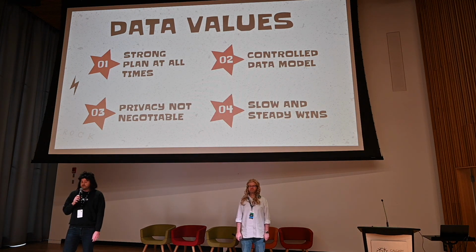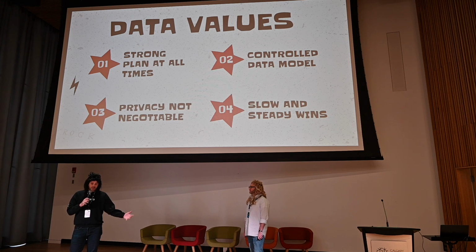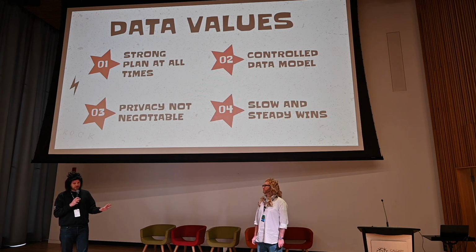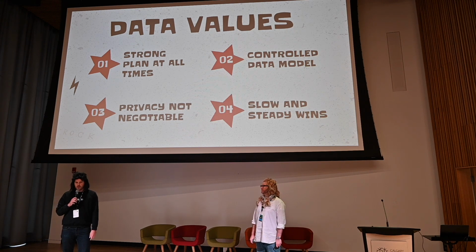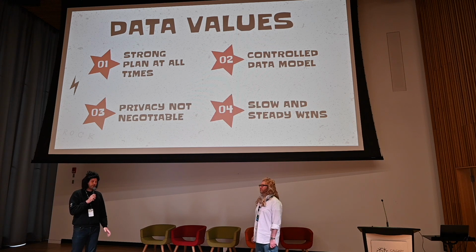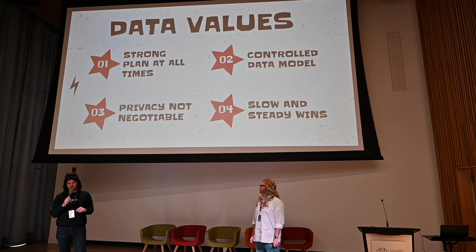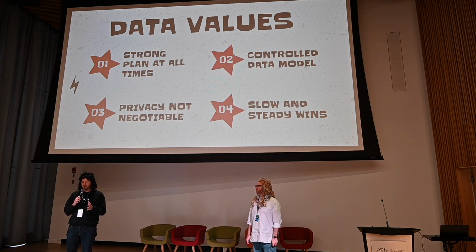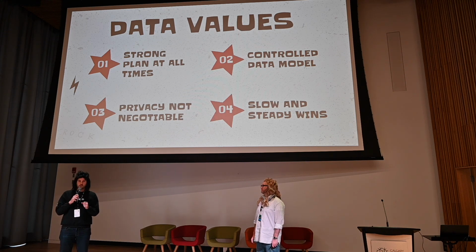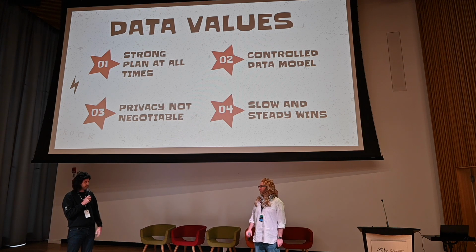So what are some of the things that we value? These values are not in opposition to the things that Kris talked about for our devs. But we have to have a strong plan in place at all times. We're going to talk soon about a bow tie that we often talk about within our organization. And really, we sit at the center of the bow tie. And within Neo, we have how many squads? 15?